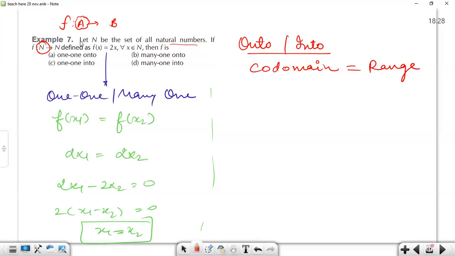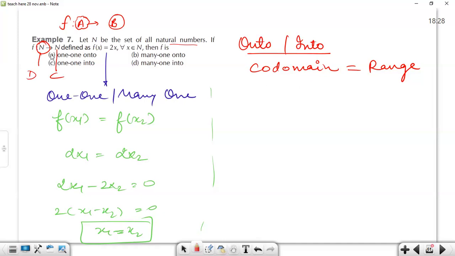Domain, codomain, or range? Is it domain, sir? Yes, it's domain. And this is what? Codomain. Yes. So this is domain, this is codomain. And don't be hesitant while speaking. Just speak. If it's wrong, no problem, I'll correct it. If it's correct, it's great.